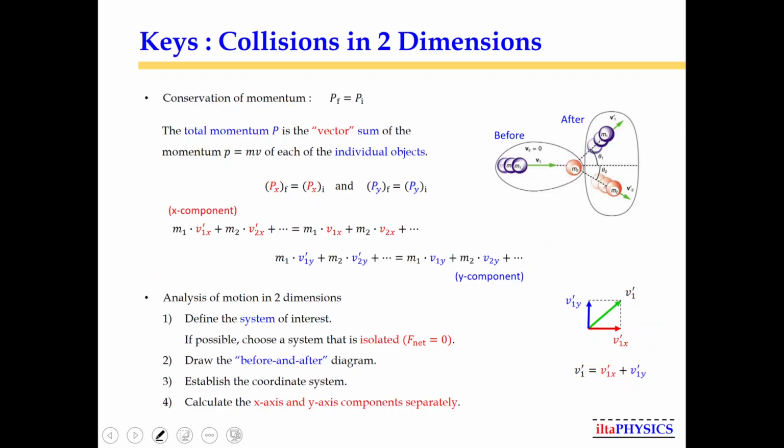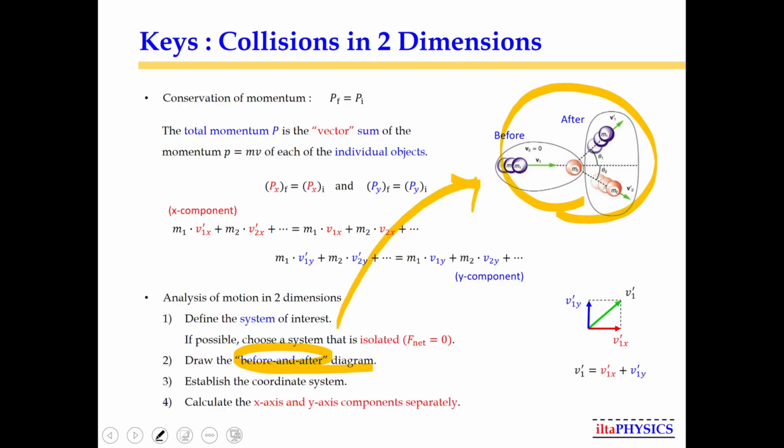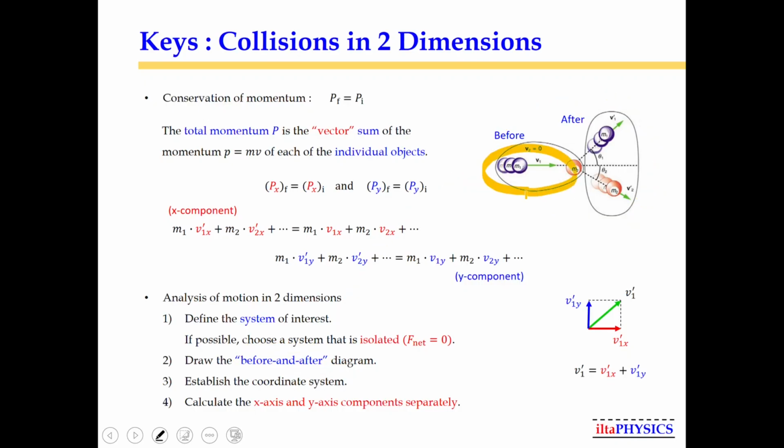First, define the system, which includes the objects where no external forces are acting. Then draw diagrams of the system before and after the collision. The diagram in the top right is a great example of a before and after diagram. Next, set up a coordinate system to express the motion of the objects mathematically.